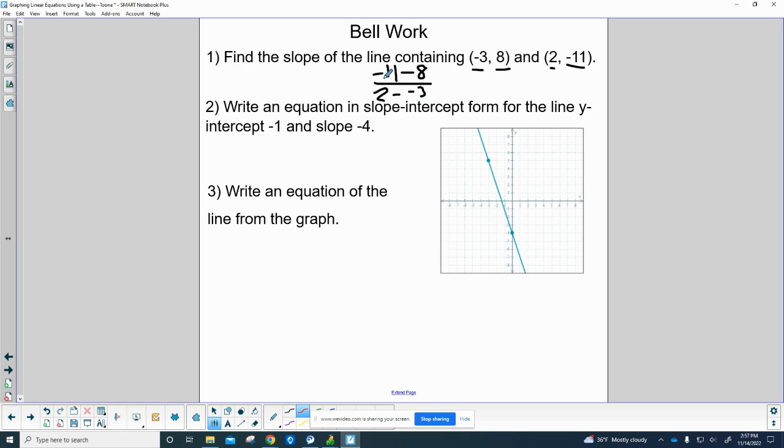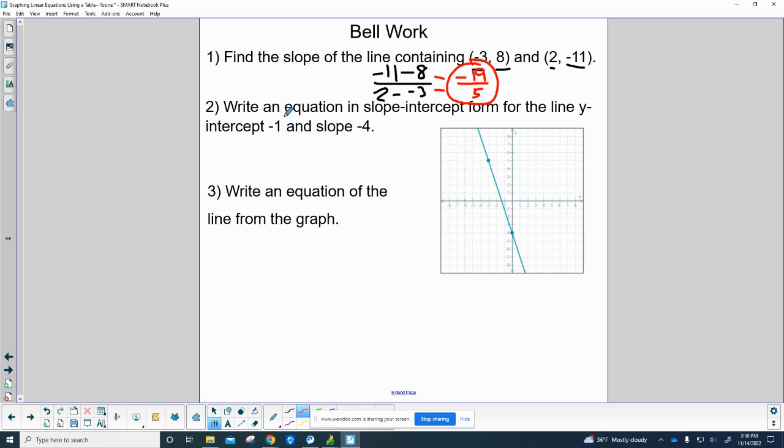So we do that subtraction: -11 minus 8 equals -19. And 2 minus -3 means 2 plus 3, which is 5. So our slope would be -19/5, which is a pretty big negative slope.